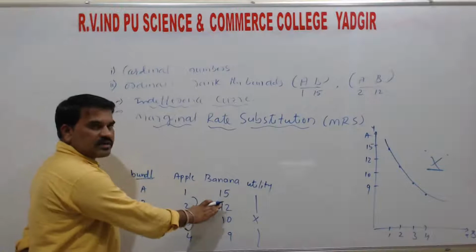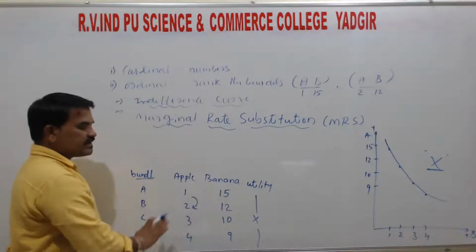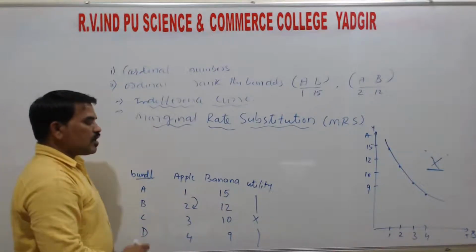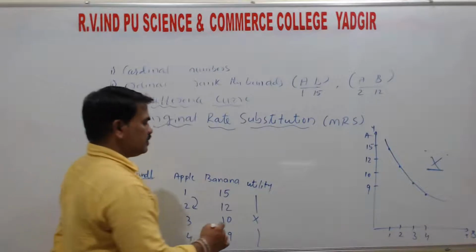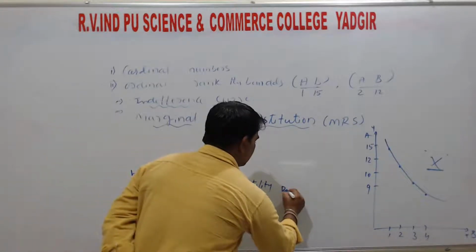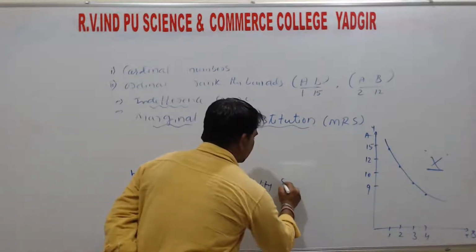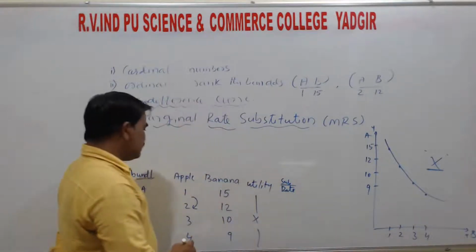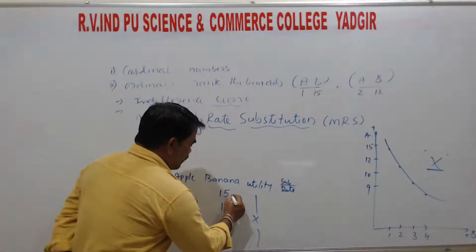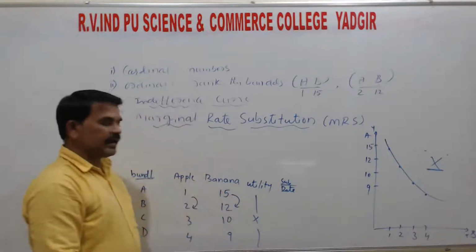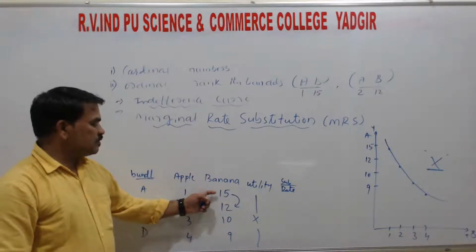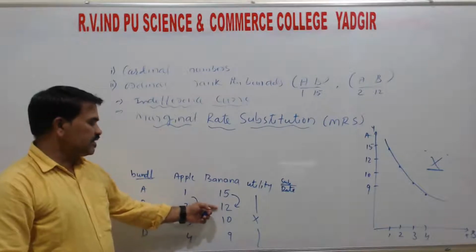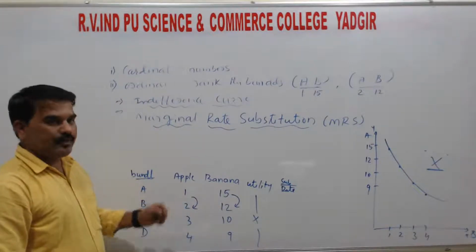He wants to reduce the banana and increase the apple. So what is the rate of substitution? Here from 15 to 12, correct? From 15 bananas to 12 bananas, he reduced to get 1 extra apple.